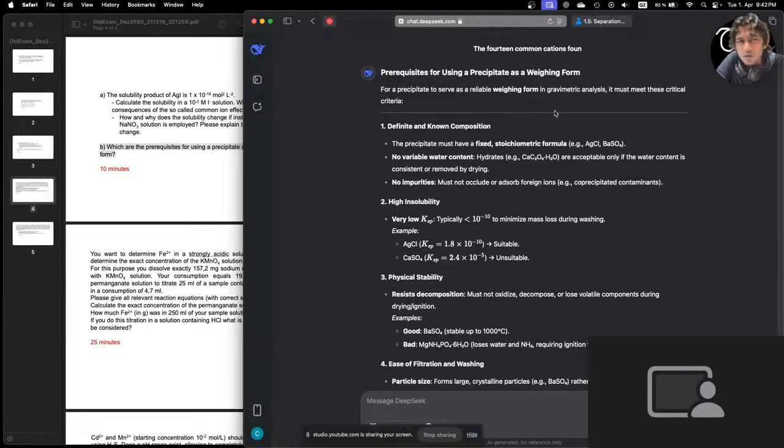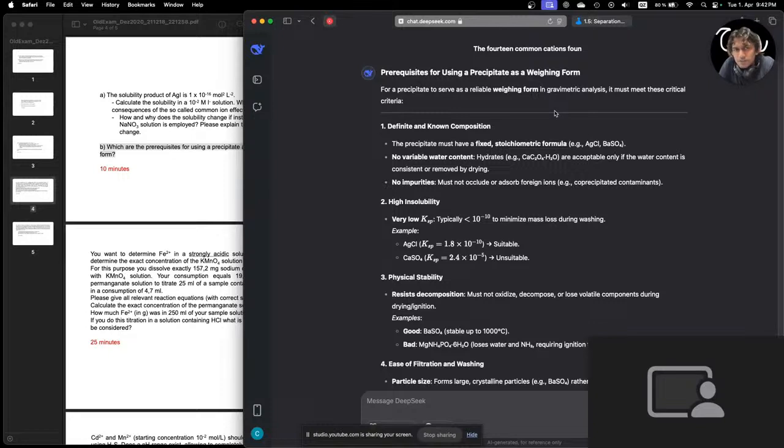Okay. So what are the prerequisites for a precipitate as a weighing form? According to gravimetric analysis, these are the criteria.